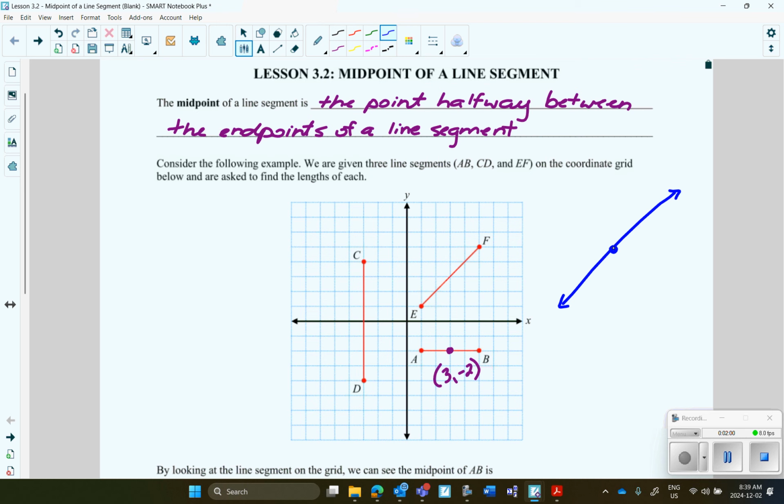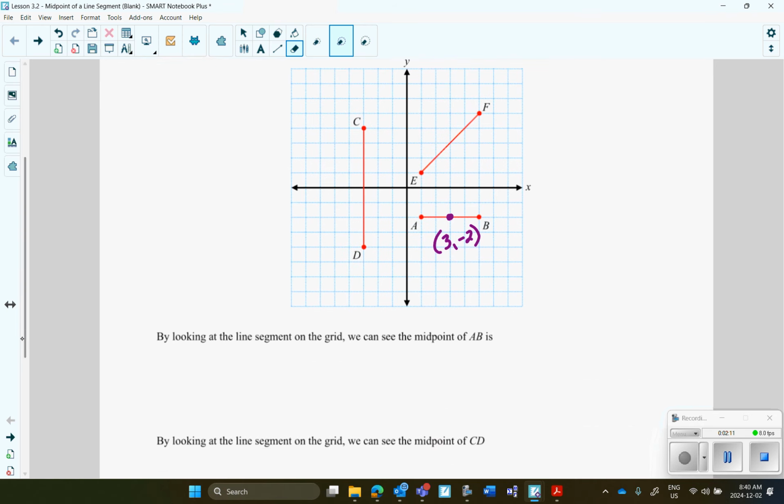So you can only find the midpoint of line segments. And we already found the first one from A to B. Just by eyeballing it, it's 3, -2.